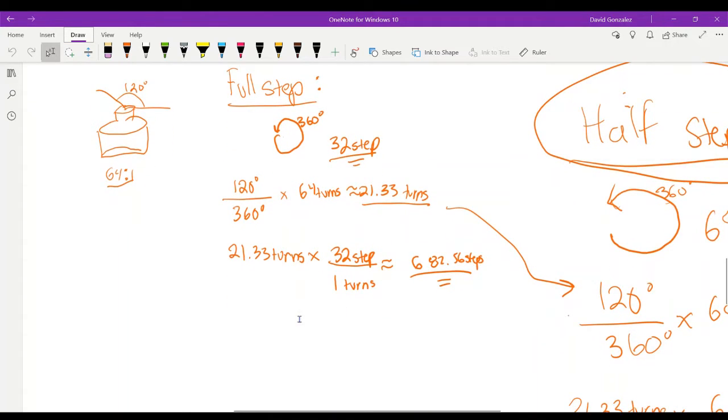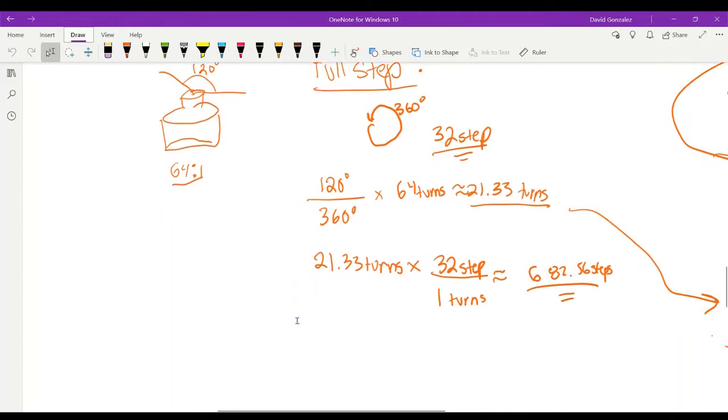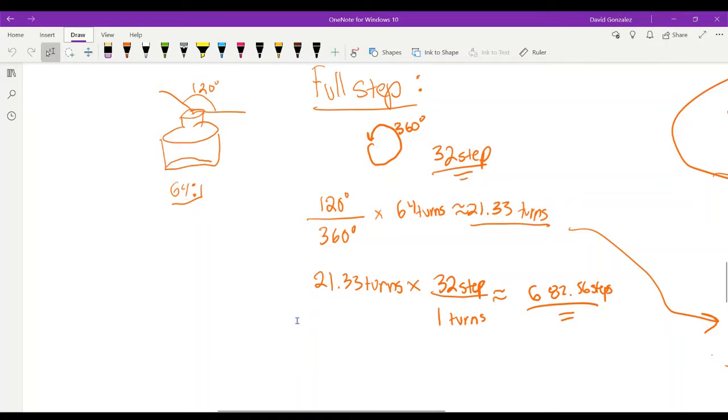And from that number we can find our steps. Now that we have our number of turns, which is 21.33 turns, we just multiply it times the number of steps it takes. As I previously mentioned, one 360-degree turn takes 32 steps.